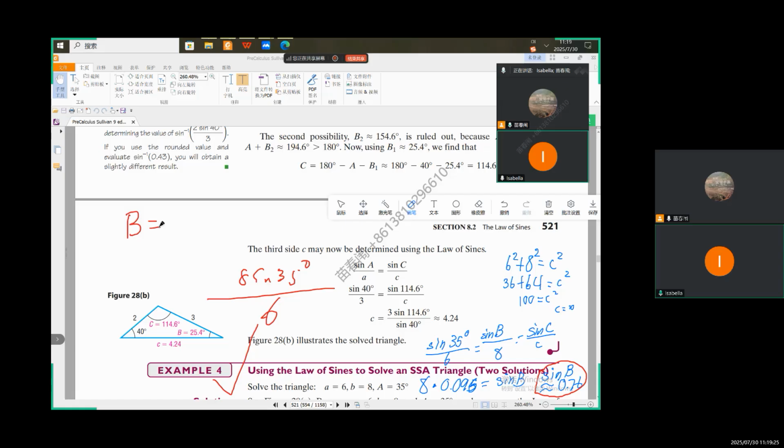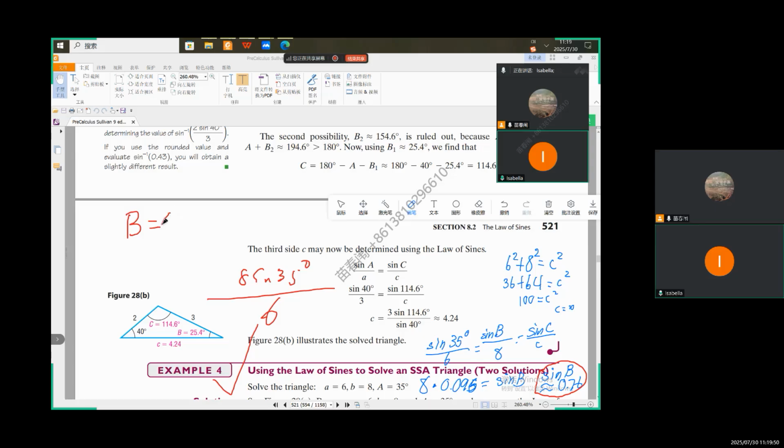Sine inverse. Then invert sine for this. Yeah, okay, let me reverse it. Okay, arc sine 0.76.